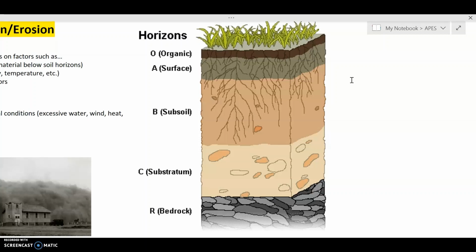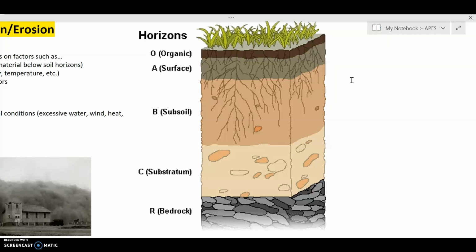Things such as dead leaves and dead organisms are going to collect at the top and decompose, and you're going to get this really nutrient dense soil on top. And the lower you go, the less nutrient dense and the less fine the soil is going to be, and the more rocky it's going to be. That's how I like to think of it.